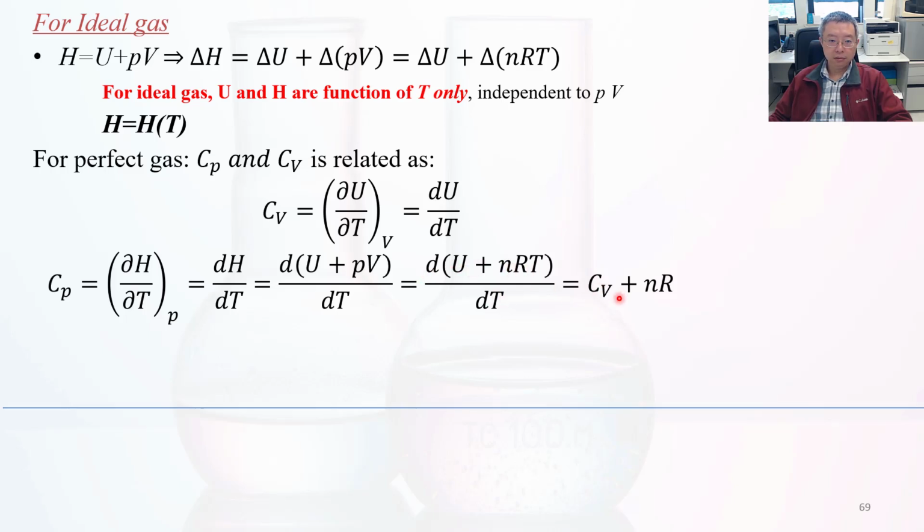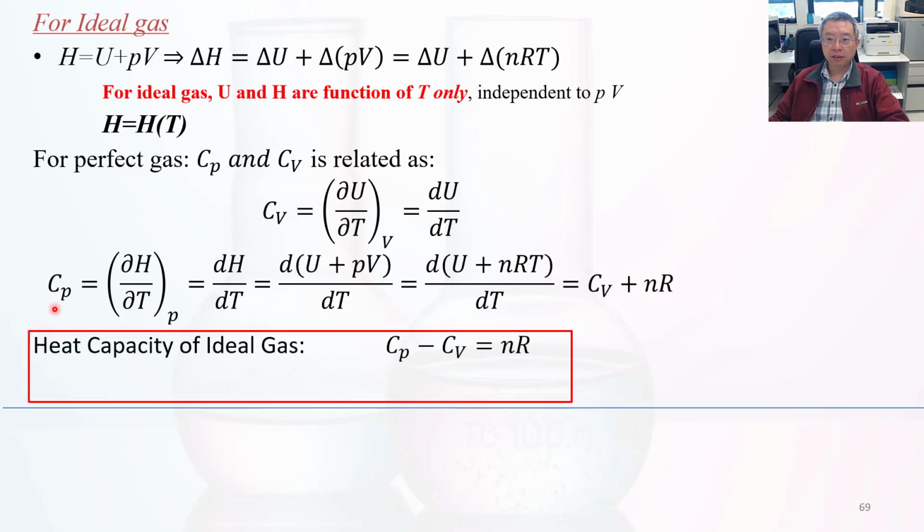So Cv plus nR is equal to Cp. For perfect gas, Cp minus Cv is equal to nR.